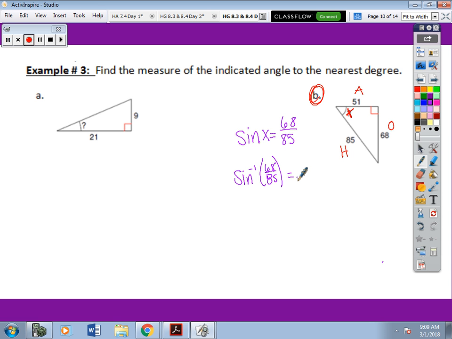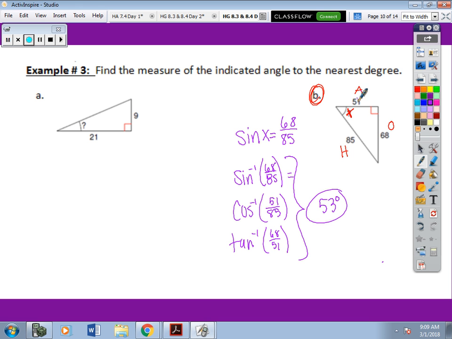You could also do cosine or tangent, because since you have all 3, if you choose inverse cosine, though, you'd have to do adjacent over hypotenuse, which would be 51 over 85. And you also could use inverse tan, which would be 68 over 51. These, all 3, when you type them in the calculator, you don't have to do all 3, just pick one, will get you the same answer, which will get you 53 degrees.